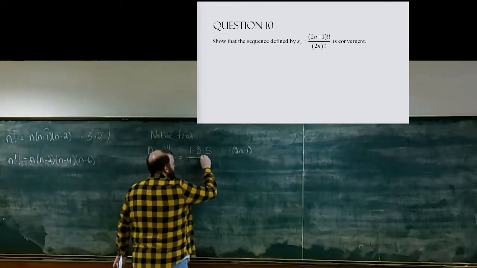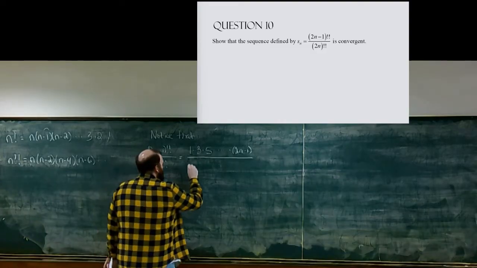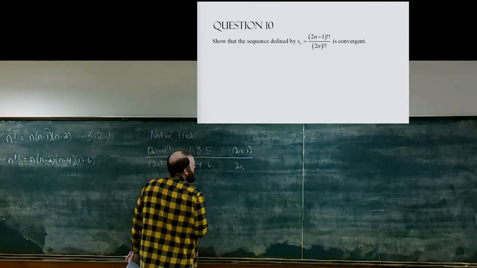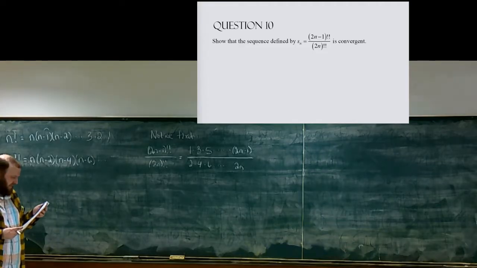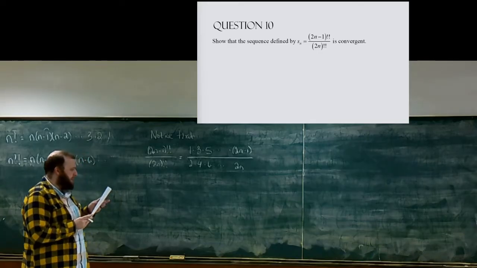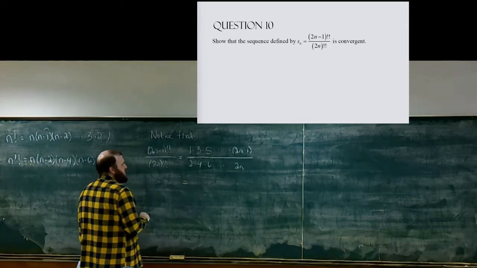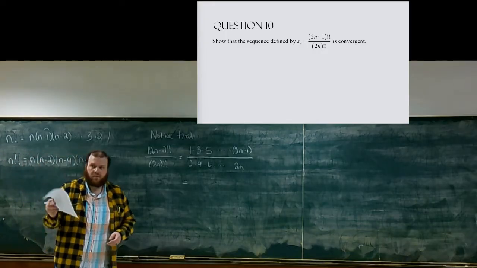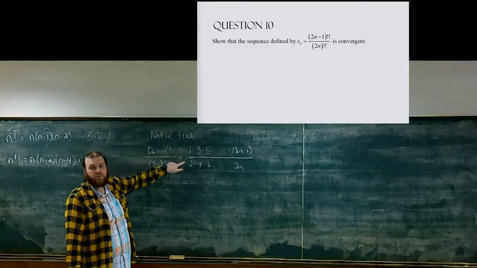So 2n double factorial would just be the product of all your even integers up to 2n. What's important to note is that you're going to have the same number of terms in both numerator and denominator.